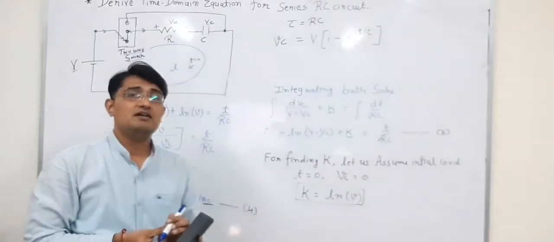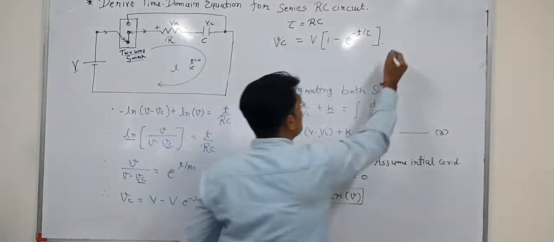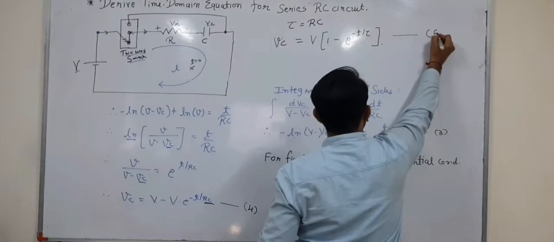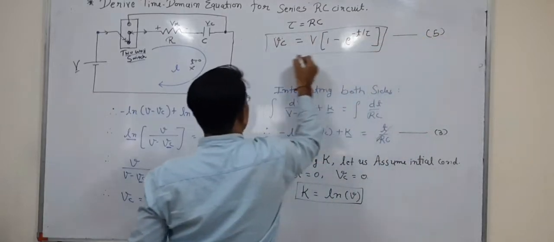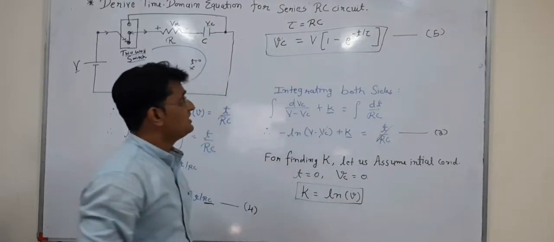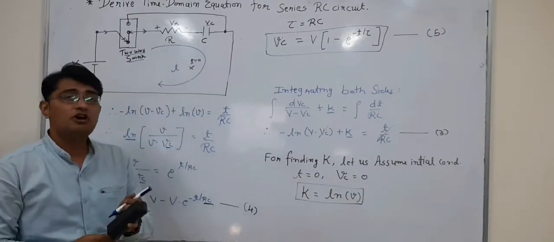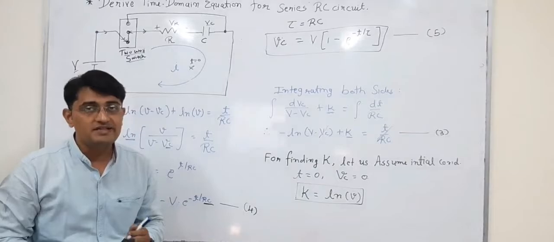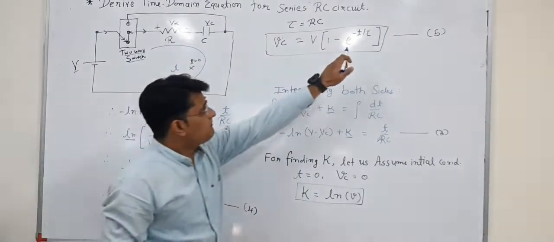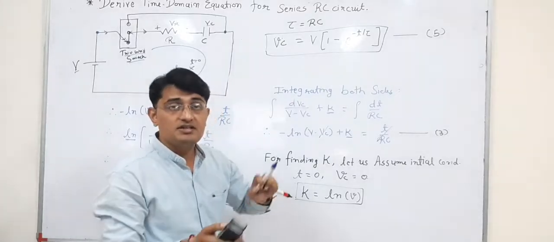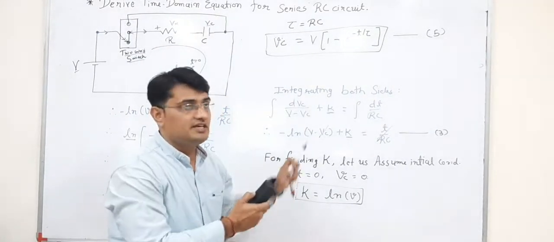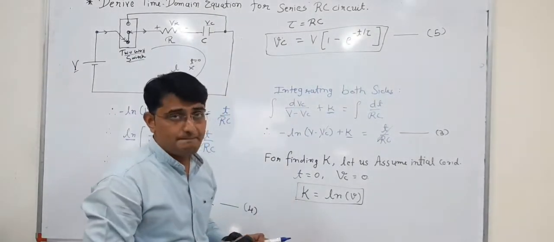Now this equation number 5 is my actual equation for charging of the capacitor. So what can we achieve from this equation? Now let us understand the charging action of the capacitor through this equation.